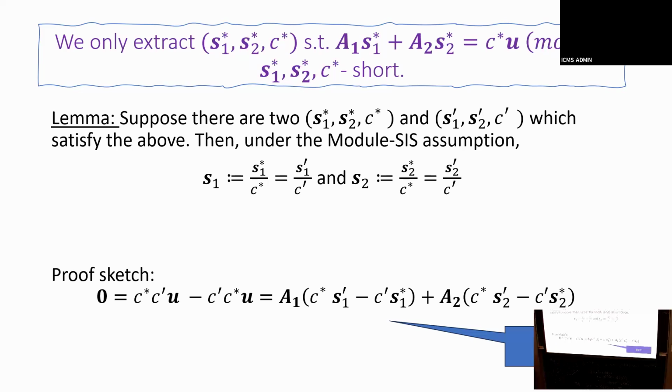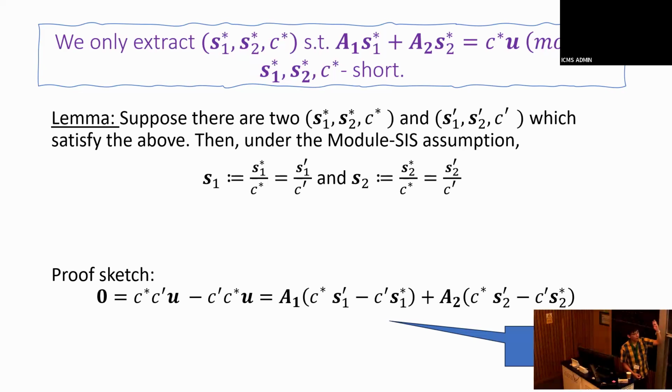Okay, but at least this lemma says that my candidate witness is unique, or we solve this. So this is just the same lemma as before, but in the context of APDLOP. Any questions?